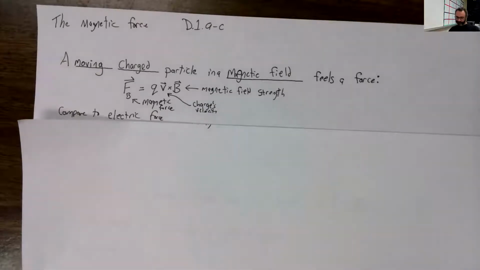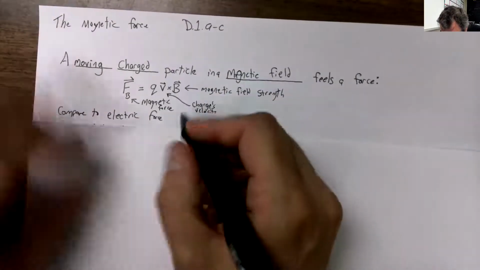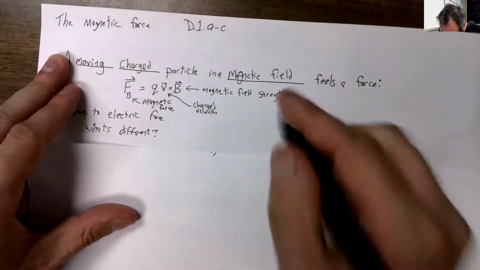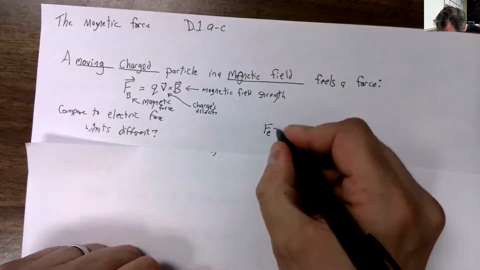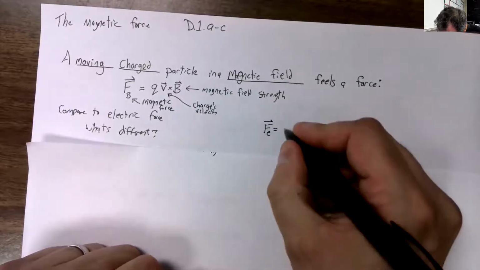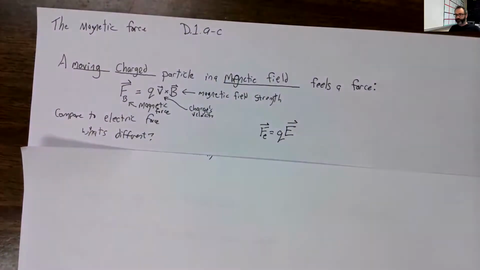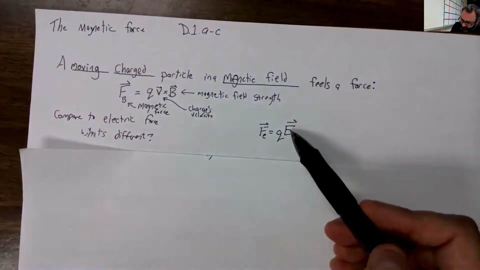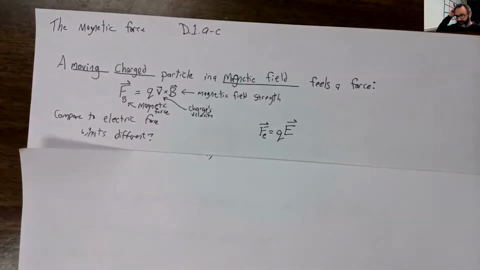No, times Q. That's right. So the electric force, F_E, well, that's a vector, but it's just the charge times the electric field at that point, right? So if you know the electric field, it's very easy to get the force on a charge. You just multiply by the charge itself.